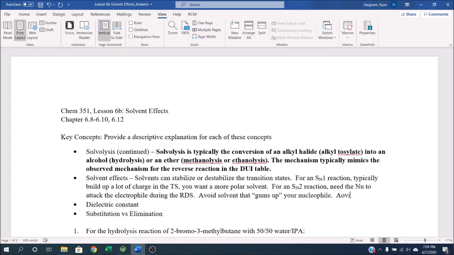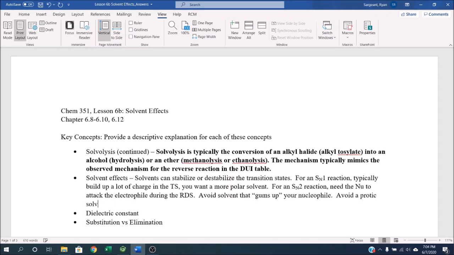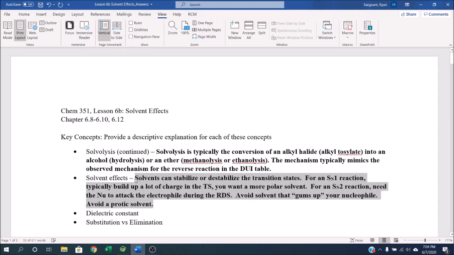And so you avoid a protic solvent. You might ask the question, well, what happens if I'm asked to choose between two solvents? Both of them are aprotic. And so by avoiding a protic solvent, you choose an aprotic solvent.